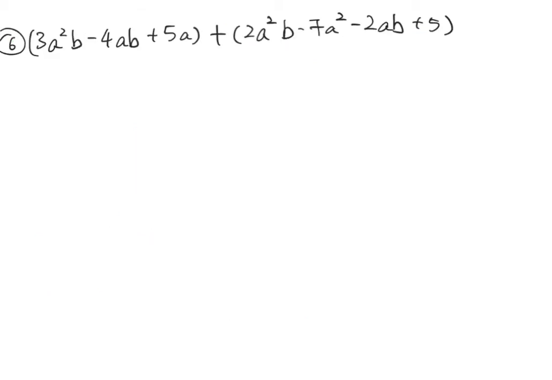Okay, now we'll try to work on question 6. So I will use the normal form to solve it. So first of all, we try to break the bracket. Okay, because this is plus, so plus plus become plus.